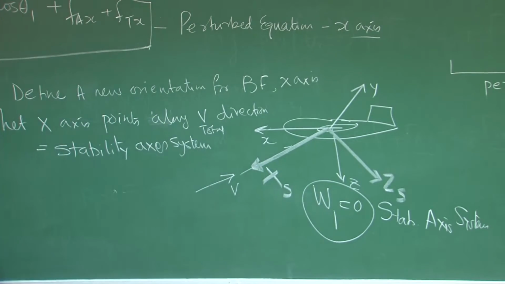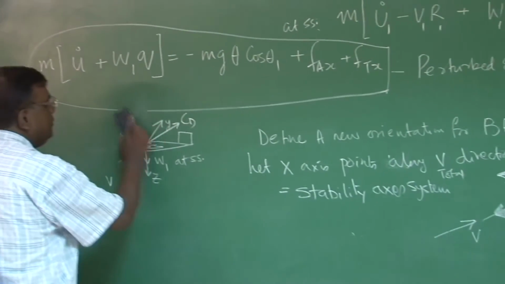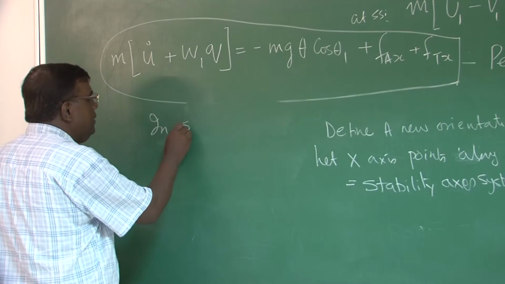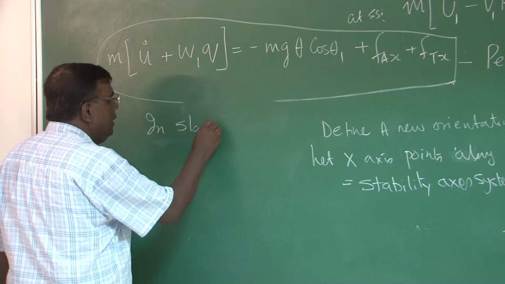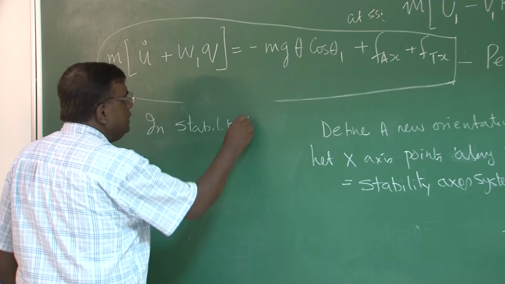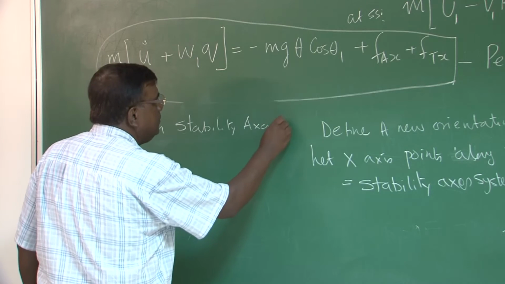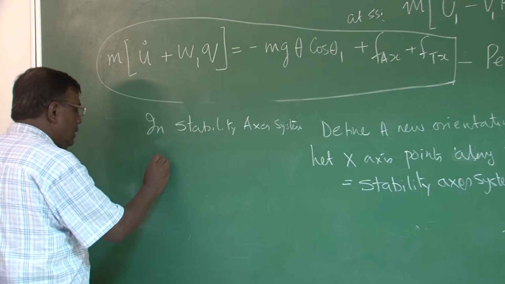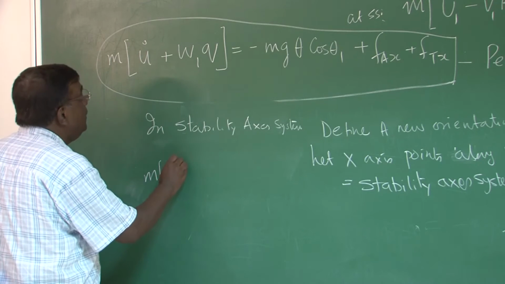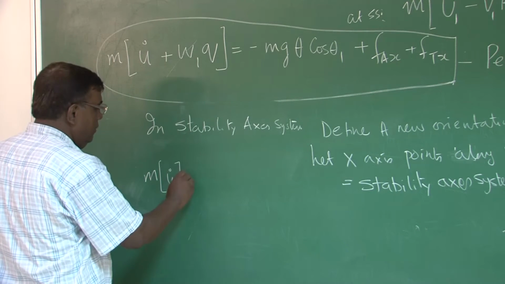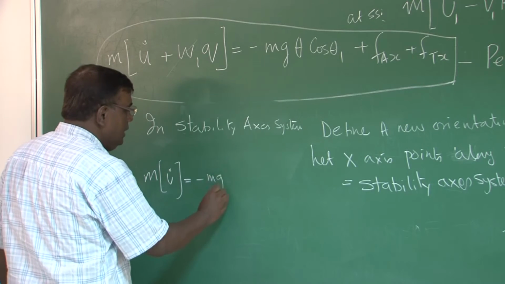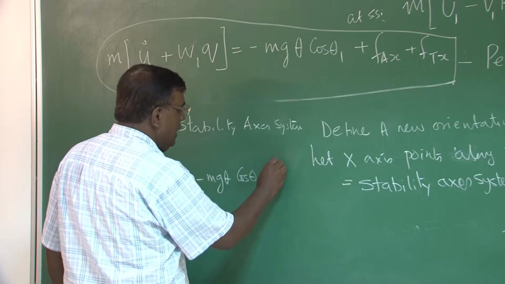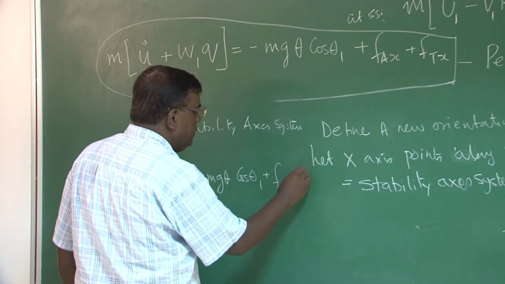So this equation, now in the stability axis system, will become m u dot, and this term will become 0, equal to minus mg theta cos theta 1 plus fax plus fdx.